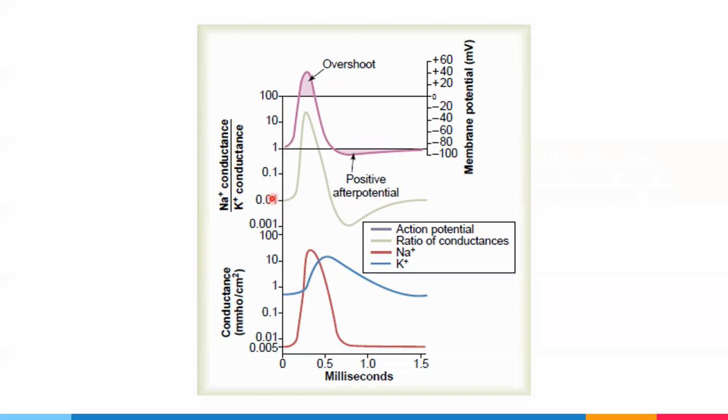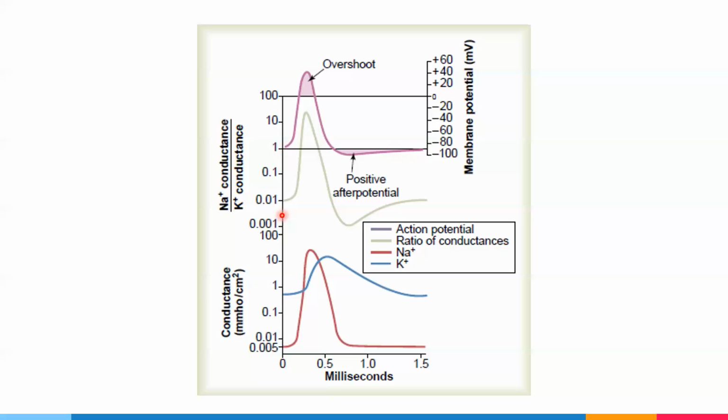And in the resting stage, the conductance is actually contributed to by the leaky channels that we have seen. So if we see the ratio, it is very much on the decimal side, which means the denominator is way larger than the numerator, which is obviously the case as the potassium conductance is way higher than the sodium conductance.